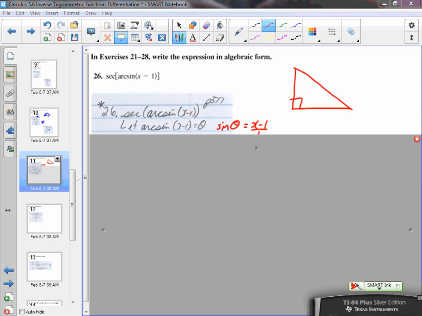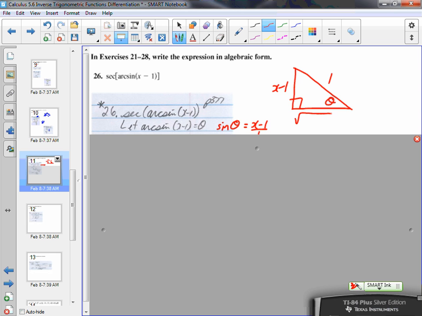All right, so if the sine of theta equals x minus 1 over 1, if I put theta here, sine's opposite over hypotenuse, x minus 1 over 1. Okay? You with me? Now, let's figure out what that missing leg length is. Remember how that works?